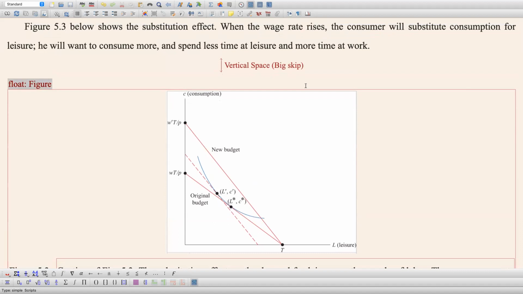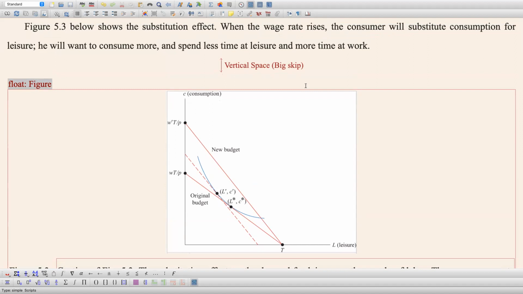Now, alternatively, if you derive the Cobb-Douglas equations as I did in the previous class, we can take derivatives with respect to the wage. Here we saw in the previous class that the optimal value for leisure was 1 minus alpha of just capital. As I derive that with respect to W, what was our surprise?